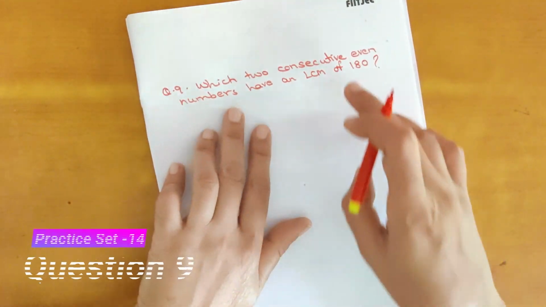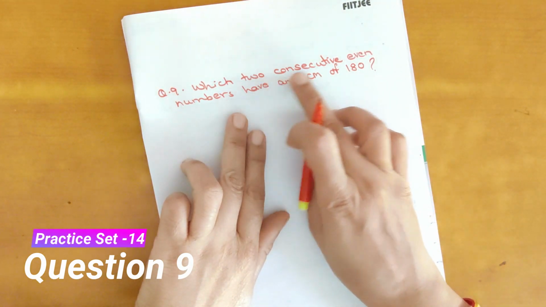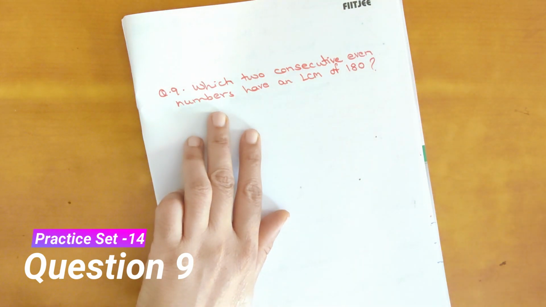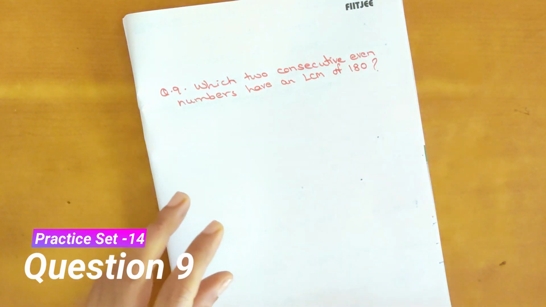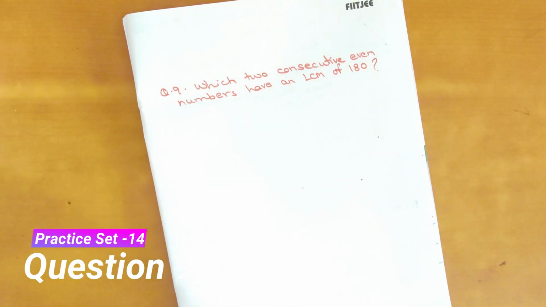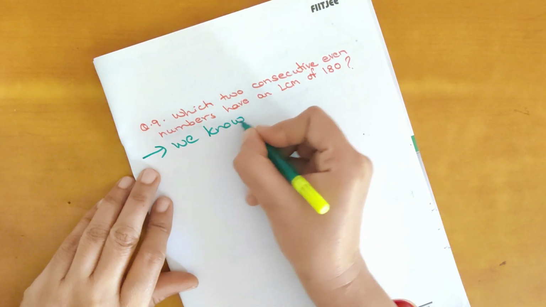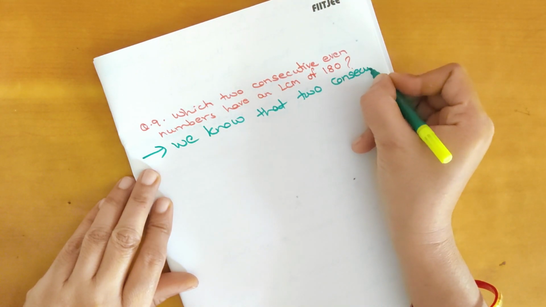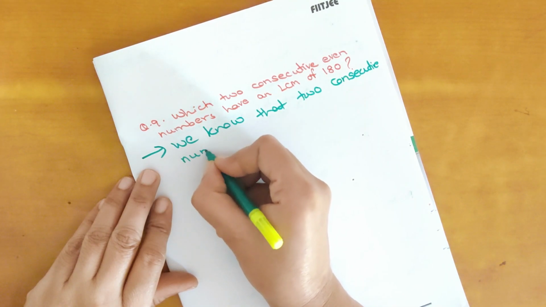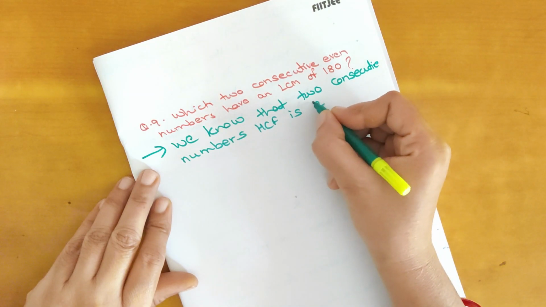Now we will go to the next question. Which two consecutive even numbers have an LCM of 180? Two consecutive even numbers. So we know that for two consecutive even numbers, the HCF is 2.